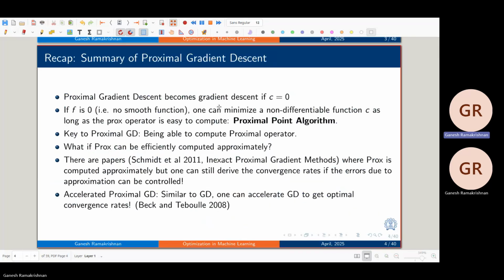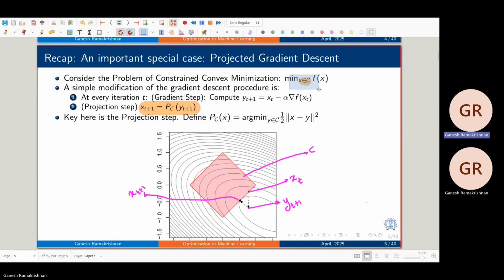So what proximal basically says is you have a non-differentiable component, but that non-differentiable component is, after all, not an indicator function. The case of projected gradient descent is when the non-differentiable component is basically the constraint. C is the constraint.